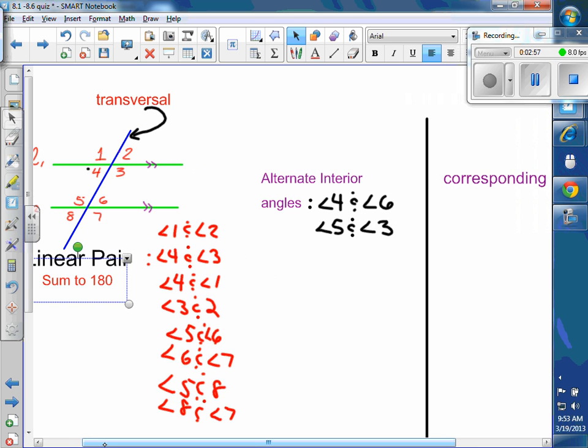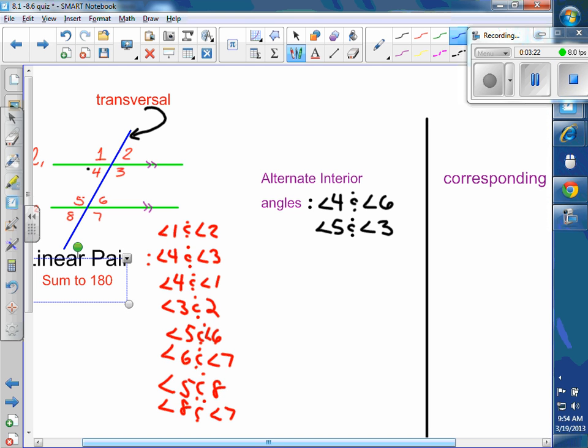We want to focus on alternate interiors for a minute. So this is one set. The other type of angles are corresponding. Good questions. Corresponding angles are on the same side of the transversal in the same relative position, so both above the parallel lines or both below.